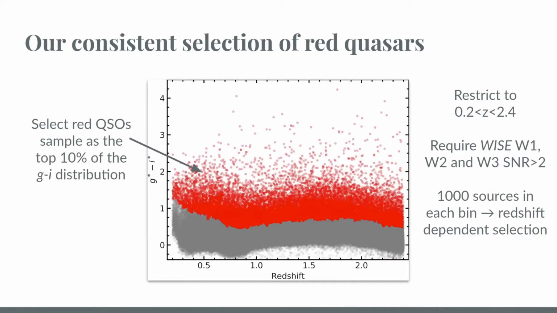We then select our red quasars as the top 10% of the G-I color distribution, and then select a typical or control sample as the middle 50%. And I'll refer to these as either control or blue quasars. And we do this selection in a redshift dependent manner, as you can see by this figure.